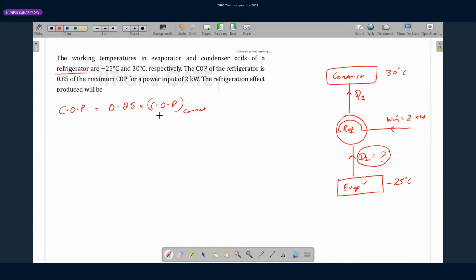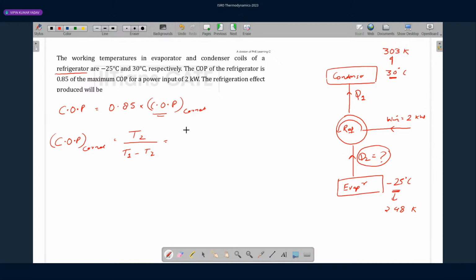So first of all, let us see what is the COP of Carnot. I hope you are all aware. It is T2 by T1 minus T2, lower temperature divided by higher minus lower. The lower temperature, 25 converted into Kelvin, will be 248 Kelvin, and the higher is 303 Kelvin.